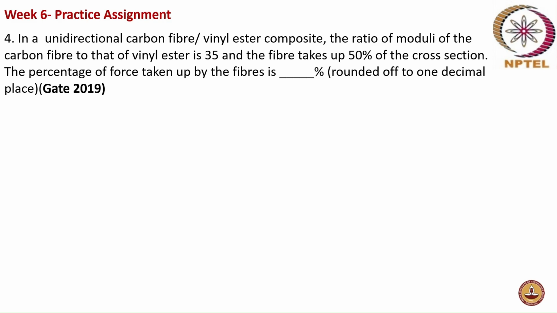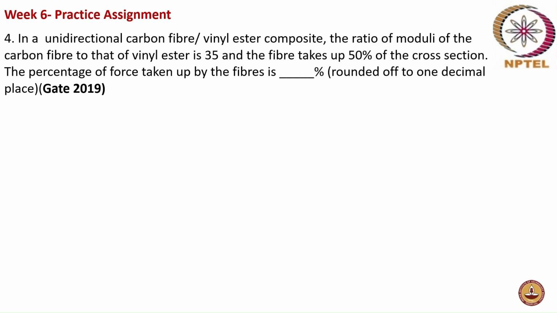Okay. So here again, they've given unidirectional, so the fibers are aligned in only one direction. And then they've given the ratio of moduli. So can we find out the individual material and the composite's moduli?